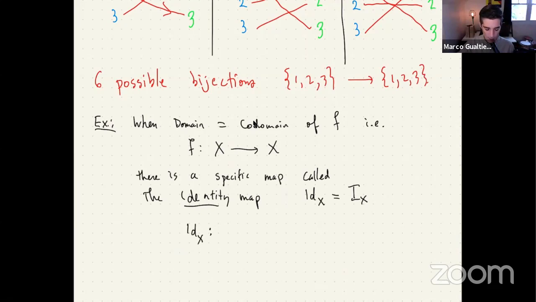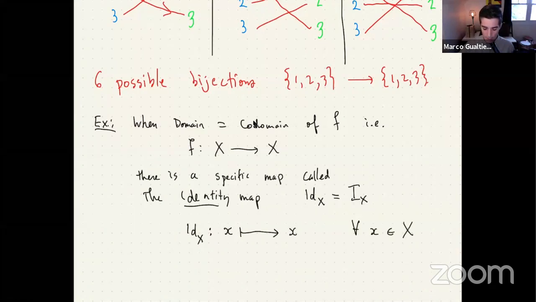What does it do? It takes any point and sends it to itself, for all x in the domain.